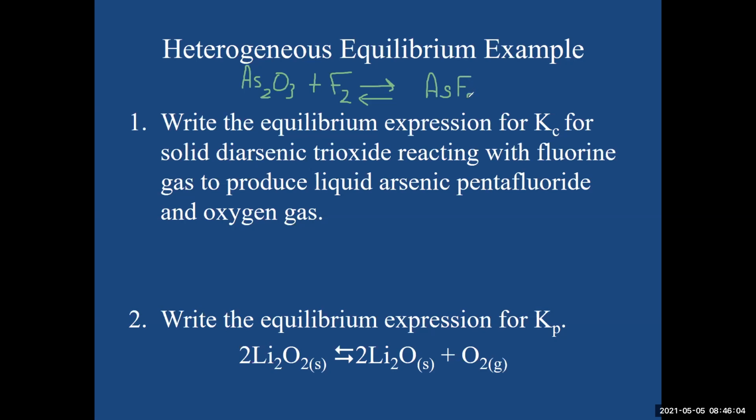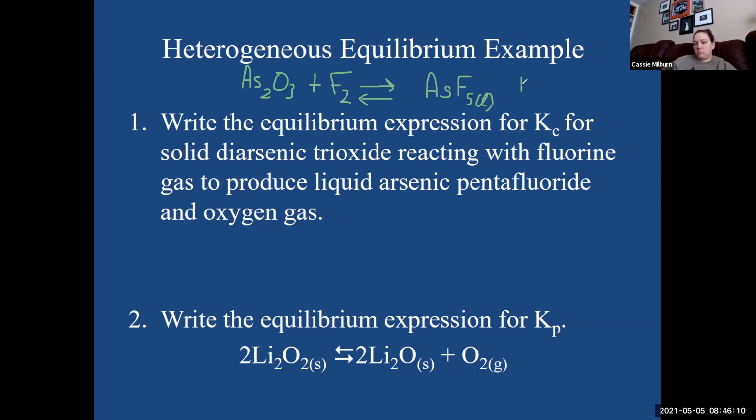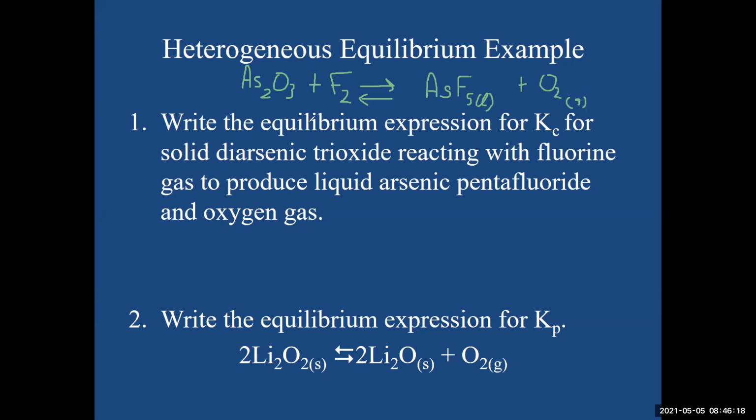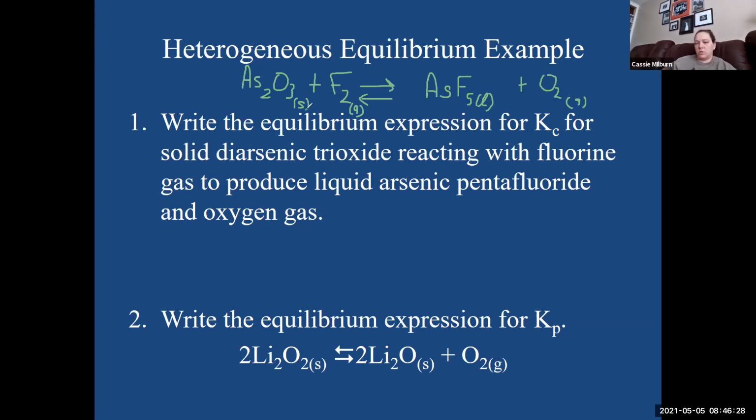Fluorine is definitely a gas, and the arsenic trioxide is a solid, it says so. So would you eliminate the solid and the liquid? It would just be the F2 and O2.